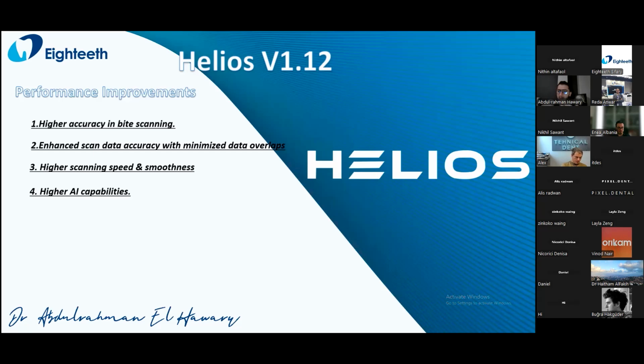We have higher AI capabilities, like I told you before, for example for the implant scanning, where we could automatically detect the implant sites using the AI, and also higher AI capabilities when it comes to soft tissue detection and soft tissue filtration. With the previous version, the soft tissue detection used to work excessively, and it didn't differentiate very well between the soft tissue that I want to include in my scan and the soft tissue that I want to exclude.